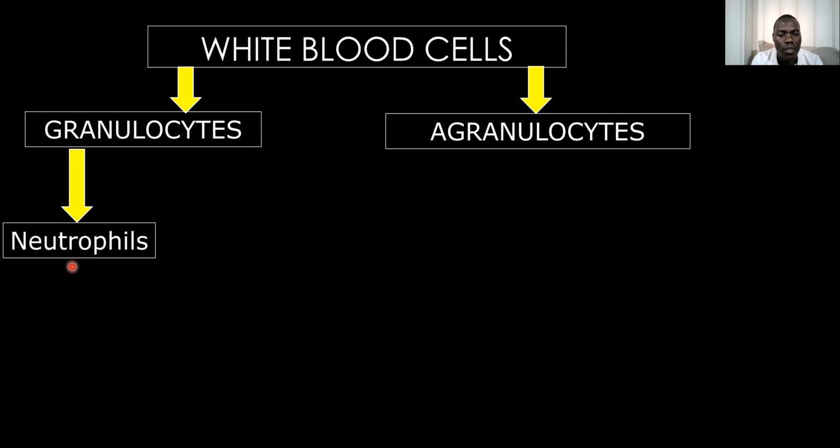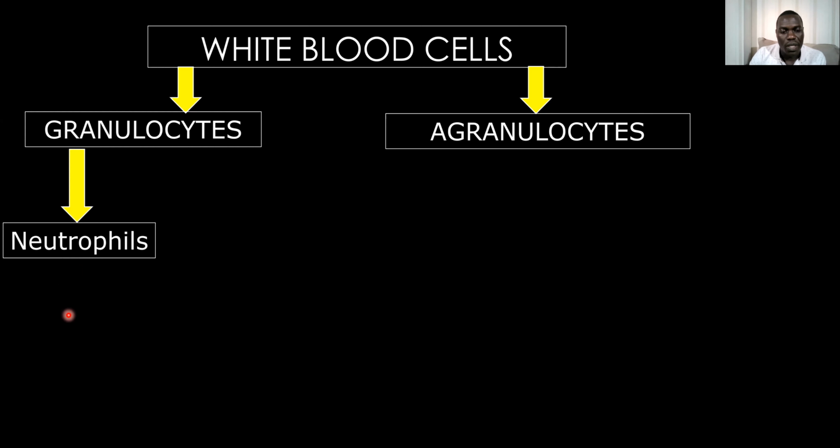Their chief mechanism of action is by phagocytosis. They engulf infections which are extracellular, their major target being bacterial infections. So neutrophils offer immunity against bacterial infections largely, and their mechanism of action is phagocytosis. They are phagocytic cells.